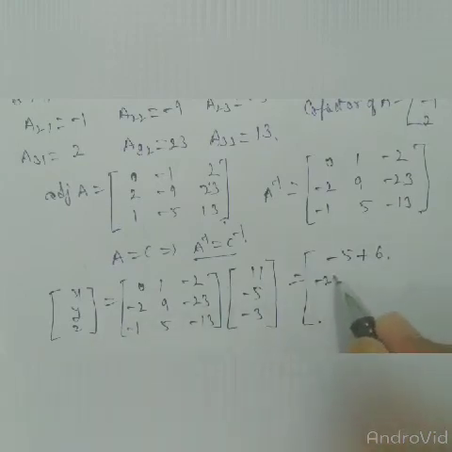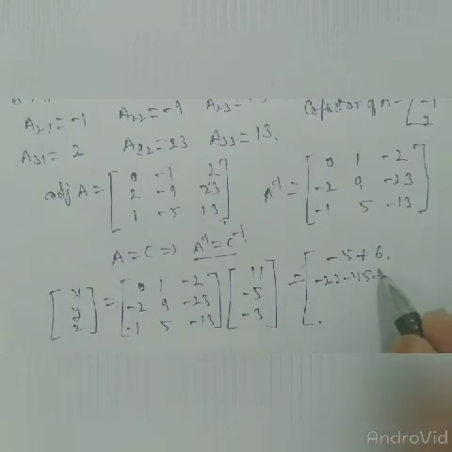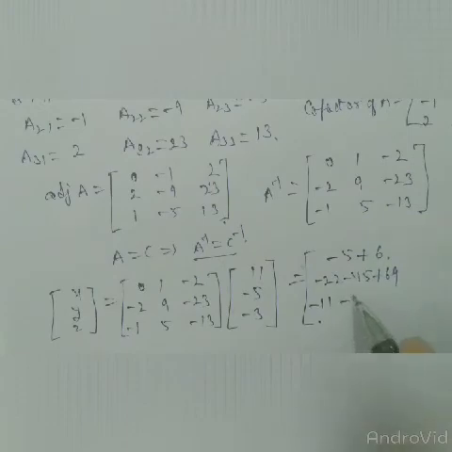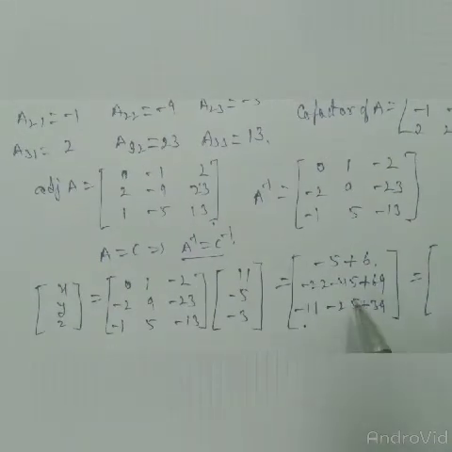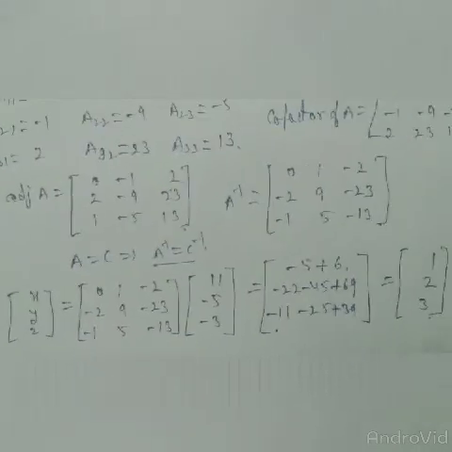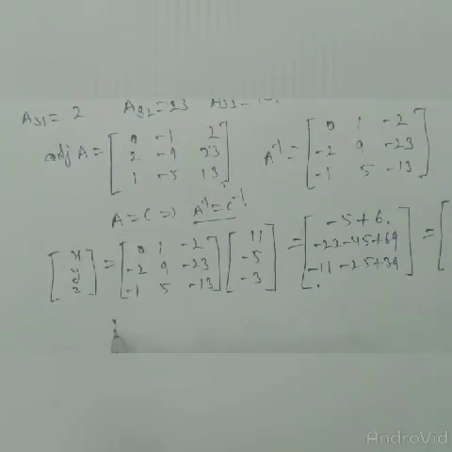Second is minus 22, minus 45 plus 69. Next is minus 11, minus 25 plus 39. This result is 1, this is 2, this is 3. Clear? So here x is 1, y is 2, z is 3.